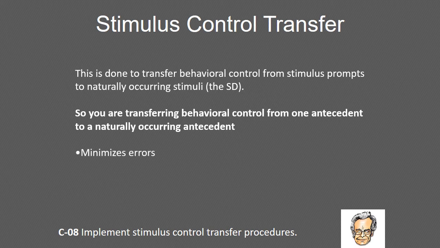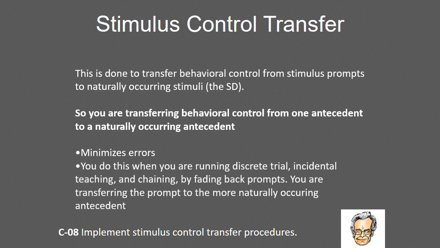This minimizes errors, and it is something that you're doing throughout the session. This isn't something you just say, oh, I'm going to do this. It's something you're always doing when you're systematically fading back prompts. You do this when you are running discrete trials, incidental teaching, chaining, basically any program, by fading back those prompts. You are transferring the control of the prompt to the more naturally occurring antecedent, the instruction.